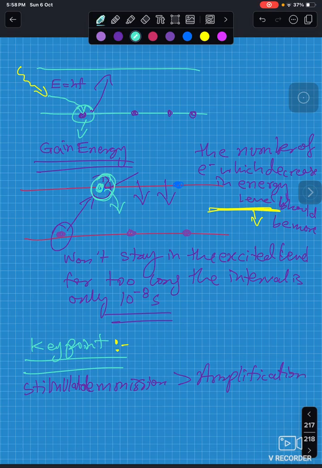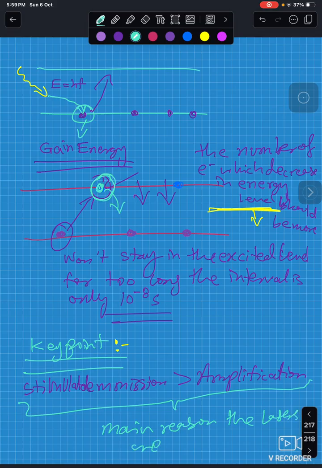That's the main reason the lasers, or the light, or the ray, is given out, because it only depends on this.